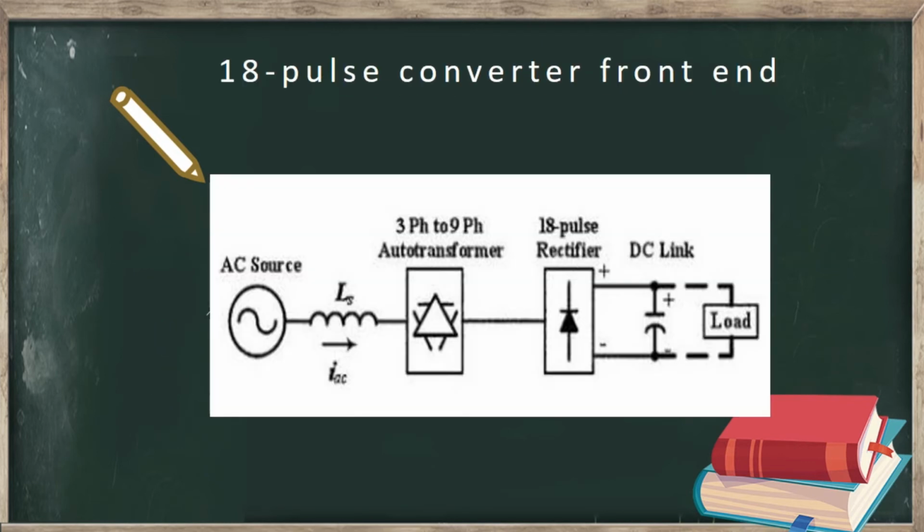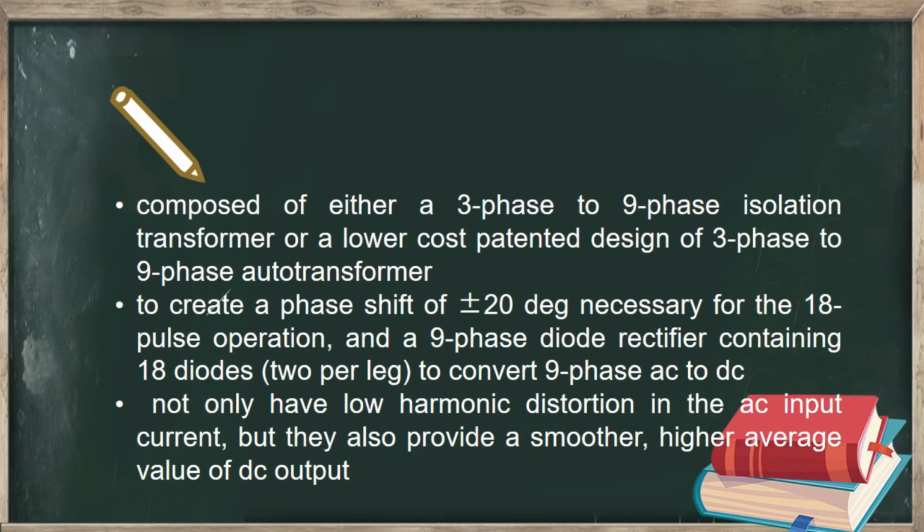So the next one is the 18-pulse converter front end. Here is the figure of the converter. Basically it is the same as the 12-pulse converter, but it is composed of either a 3-phase to 9-phase isolation transformer or a lower cost patented design of 3-phase to 9-phase auto transformer. This is to create a phase shift of plus or minus 20 degrees necessary for 18-pulse operation, and a 9-phase diode rectifier containing 18 diodes, 2 per leg, to convert 9-phase AC to DC.